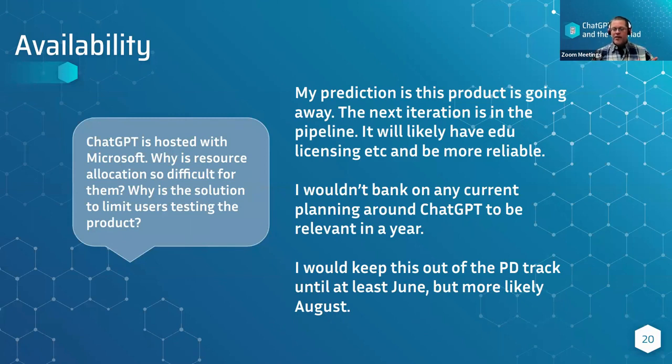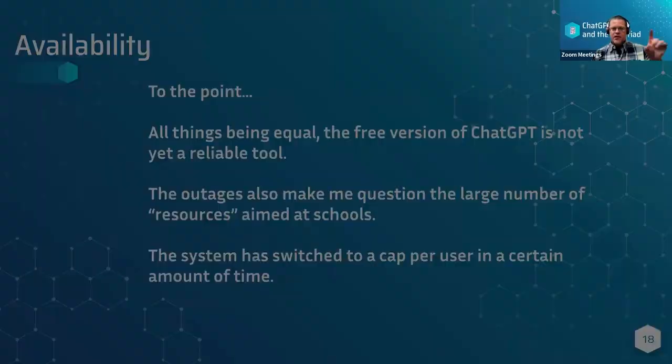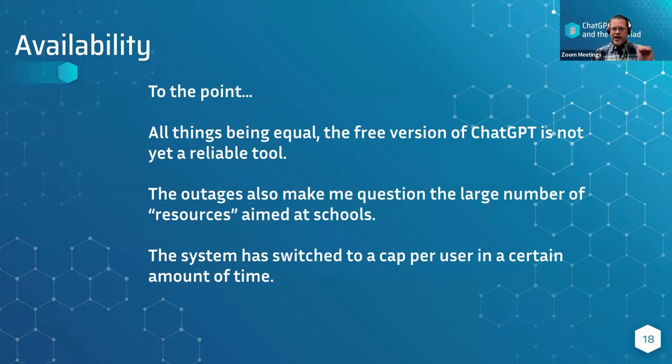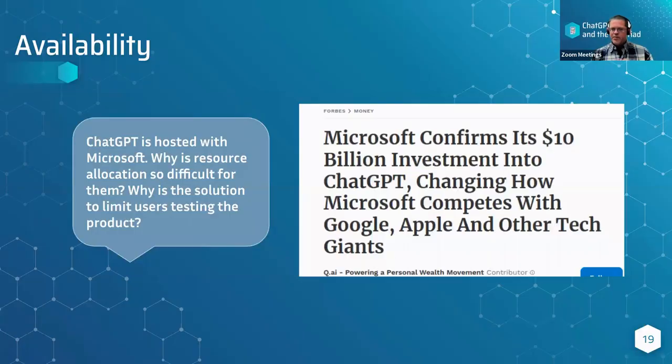And I'm only saying that because this doesn't make sense. They've switched to a cap per user in a certain amount of time with a $10 billion investment in a massive Azure cluster. So it just seems like they have the engine to make this thing grow whenever they want.